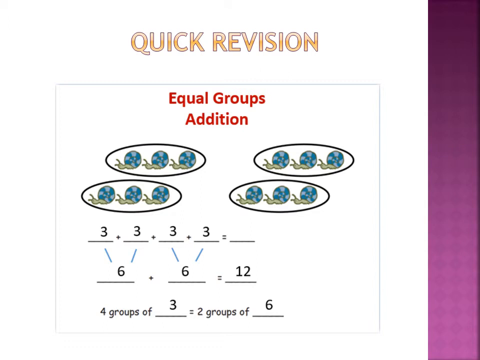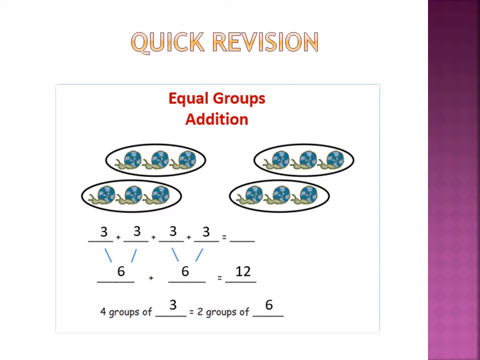For example, you can see on the screen there are 4 different groups of snails, and all 4 groups have a similar number of snails in them, that is 3.